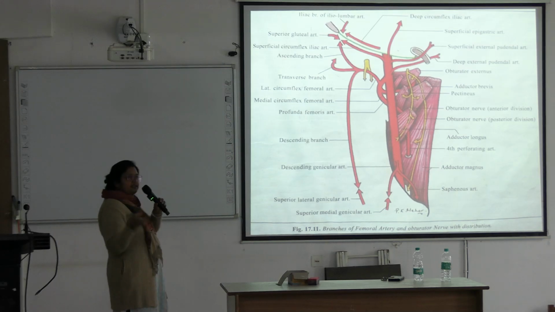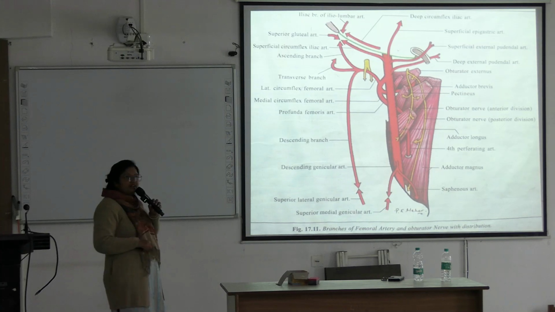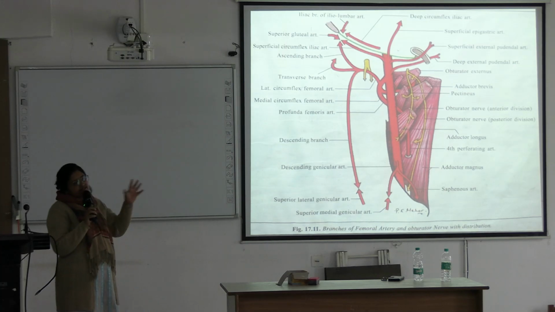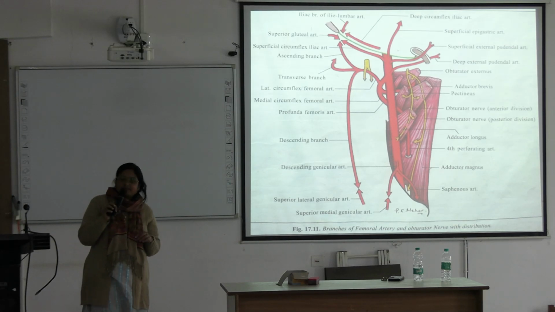So trochanteric and cruciate anastomosis are important, and it is also giving some branches in the lower part. This is the saphenous artery, okay, and the descending genicular artery, and some branches which are forming anastomosis around the knee joint.